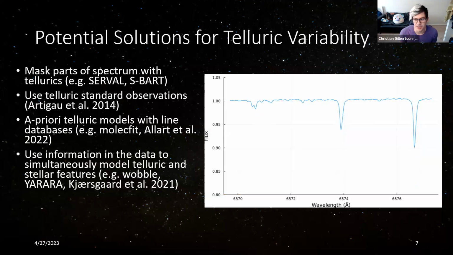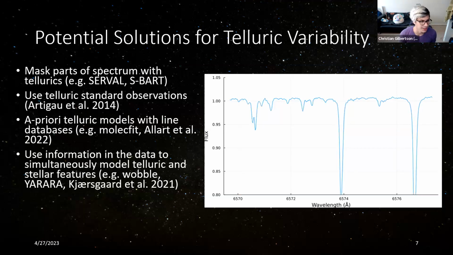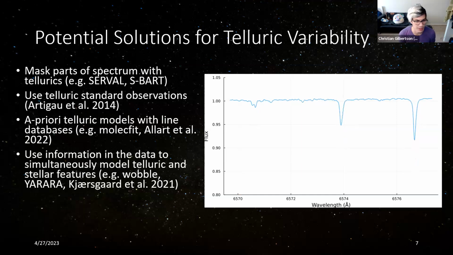Of course, this isn't a new problem, and many avenues have been explored to mitigate this issue. You can smartly mask parts of the spectrum with telluric features, like with SERVAL or SBART. You can use telluric standard observations, although that's expensive in observation time.